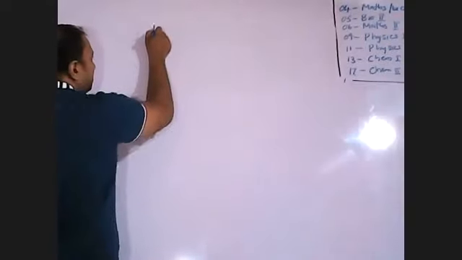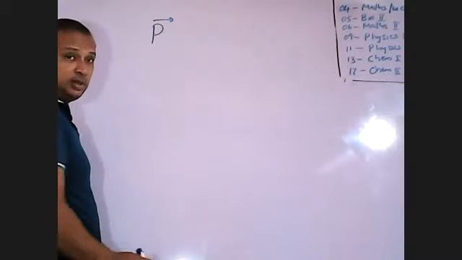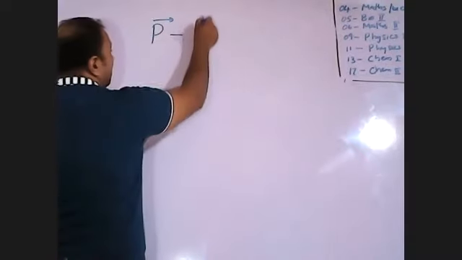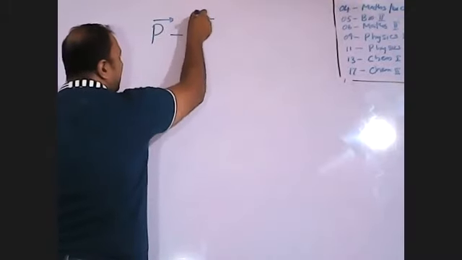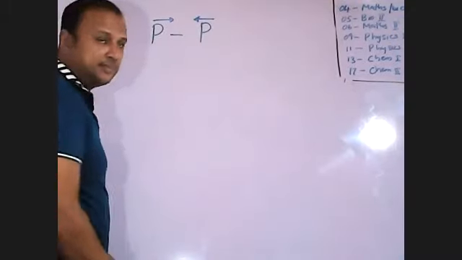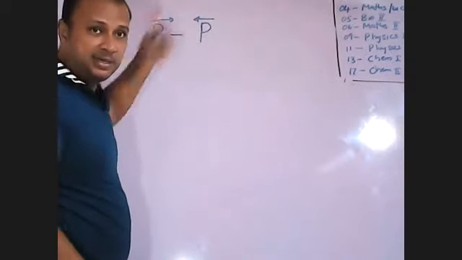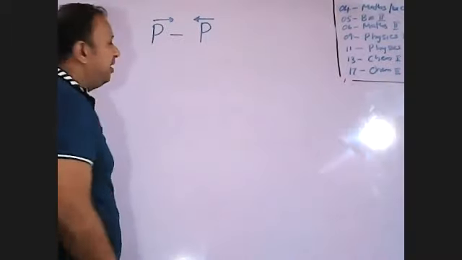Suppose one vector is in this direction and you have to subtract the other vector, which is in the other way. If the first vector is in this direction, the other vector should be in the other way.